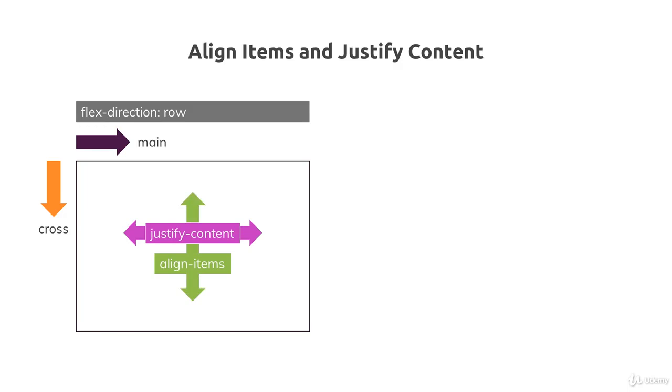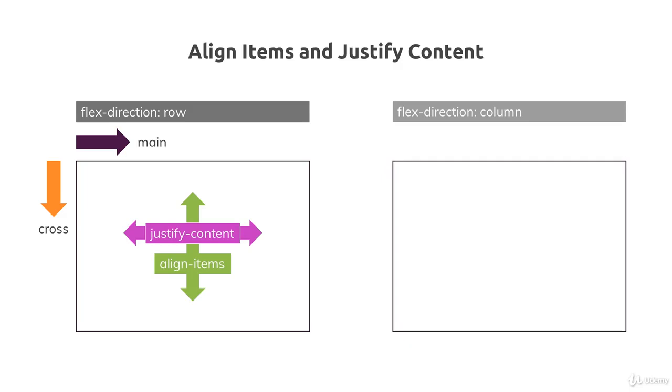So in combination with justify content, align items, and flex direction, well, we kind of have a lot of control about our items. Then we applied flex direction column. With that, you remember the previous slide, we changed basically the main axis of our flex container. Because now the cross axis takes over the place of the initial main axis, and with that, the main axis goes from the top left corner to the bottom left corner.